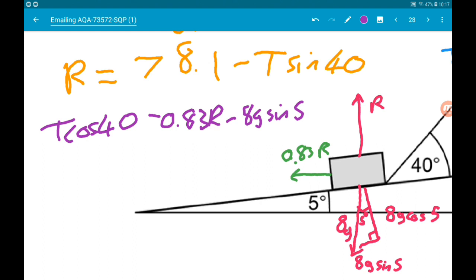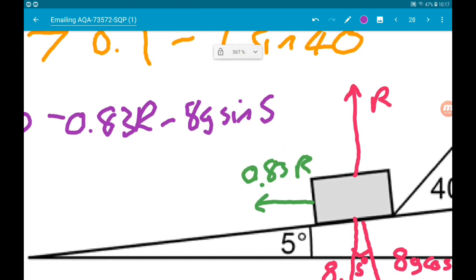So we are accelerating up and to the right at 3 meters per second squared. So 8 times 3, 8 was the mass of the box, gives us 24.